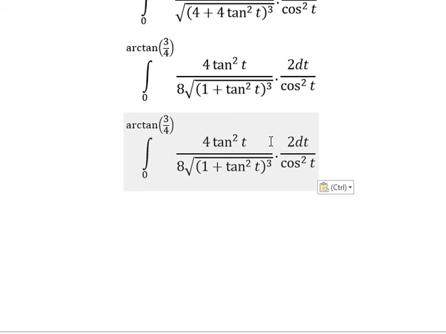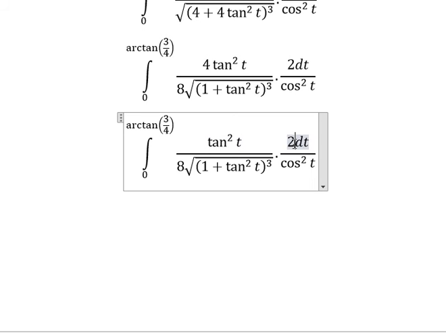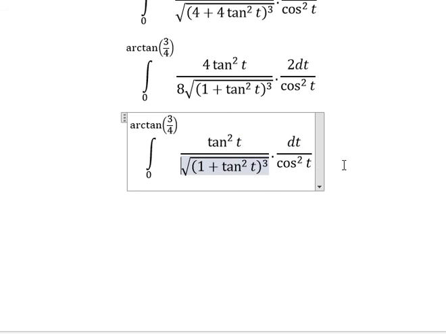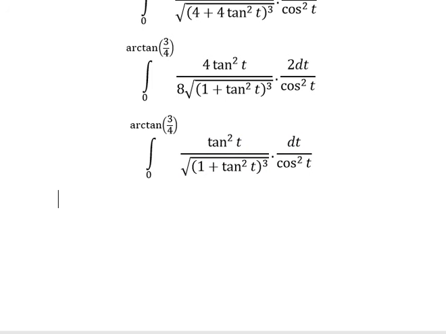We have 4 and we have number 2. Multiply, you get 8. So we have 8 in here, so we simplify again. Next, we have the formula.